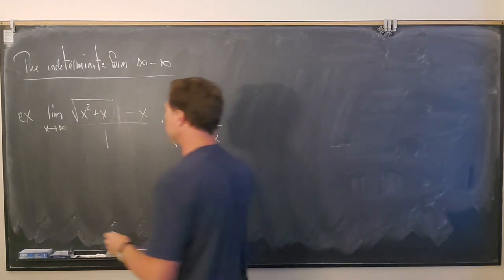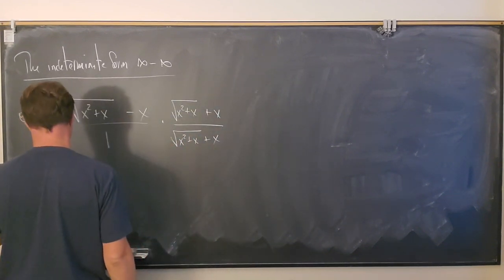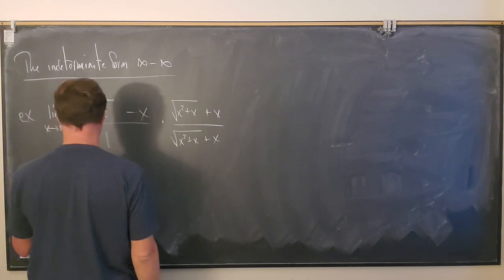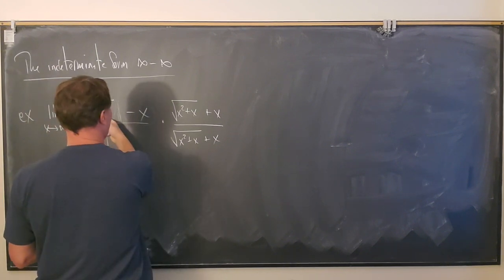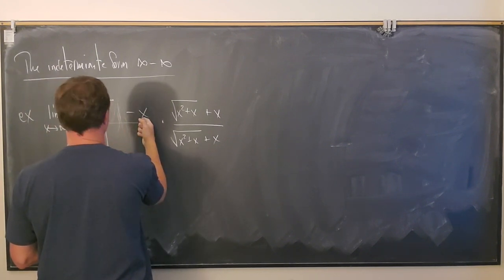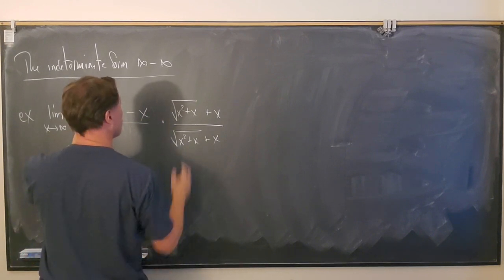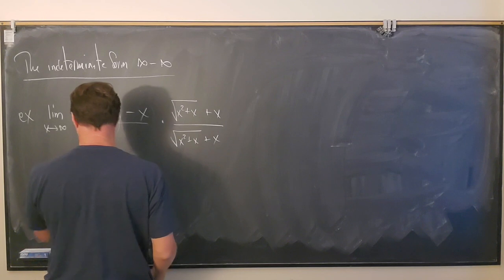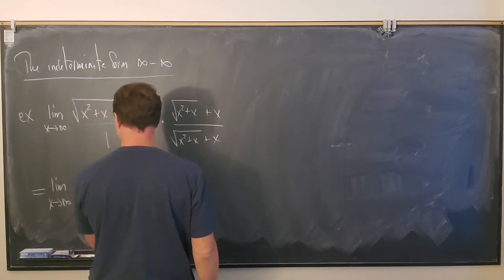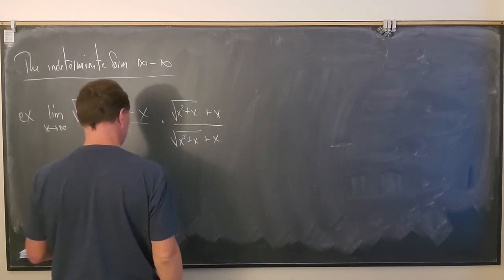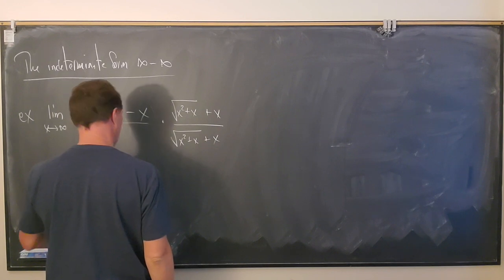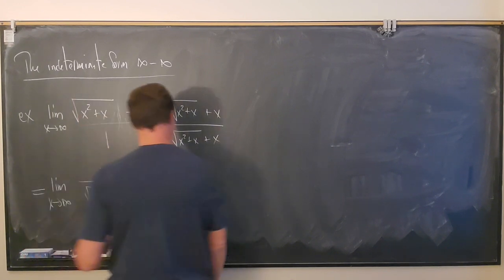Now when we simplify, this will give us x squared plus x minus x squared, so it leaves us with an x in the numerator. In the denominator, we have the square root of x squared plus x, plus x.